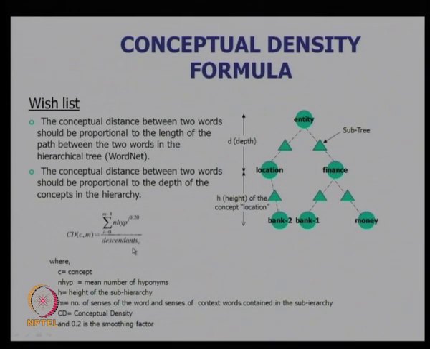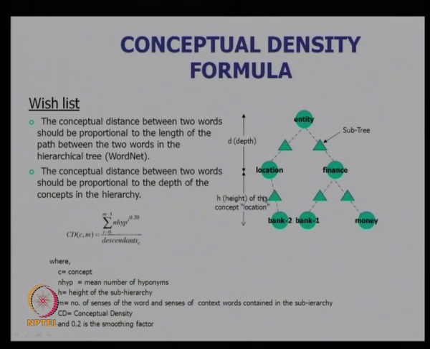So, this formula is used for finding the correct sense with respect to conceptual density. That means, higher the score of a particular concept, more is the chance that this will emerge as the winner sense.